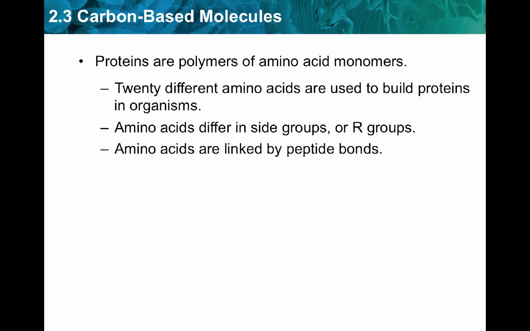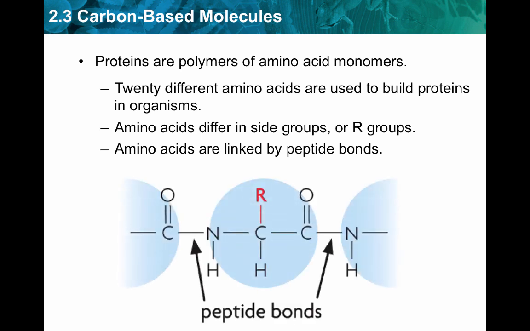When we're linking amino acids together, we do so by peptide bonds. So amino acids get linked together to form a protein by a certain type of bond called a peptide bond. Here, there are 2 peptide bonds linking together 3 amino acids.